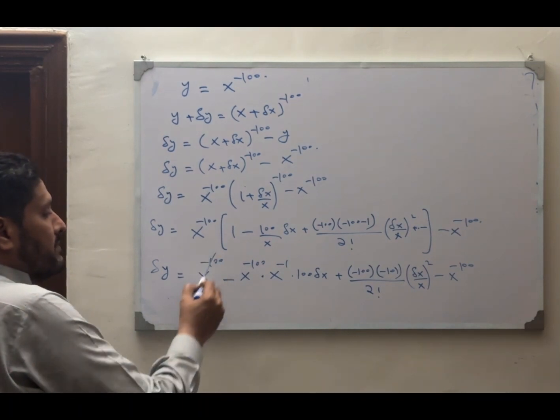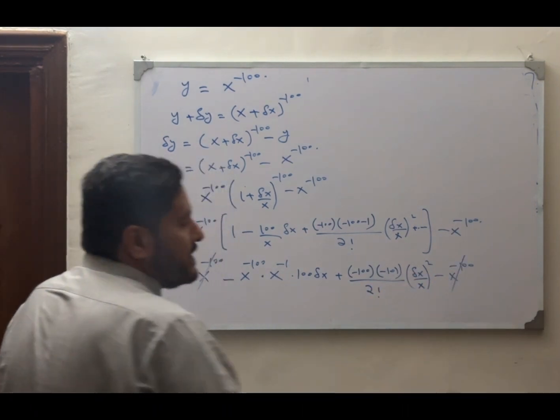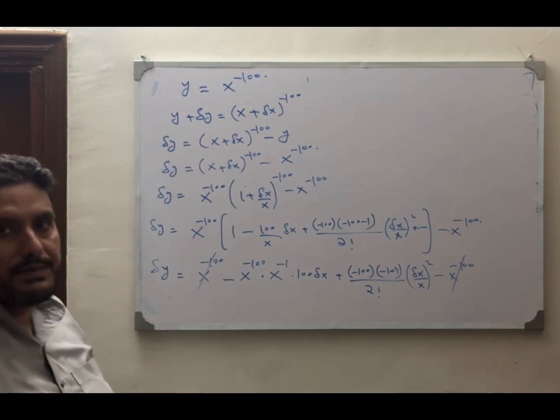So this x power minus 100 and minus x power minus 100 will be cancelled with each other.